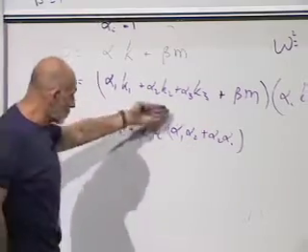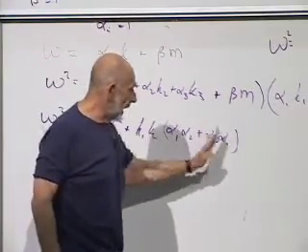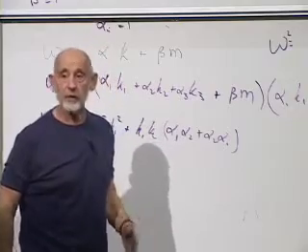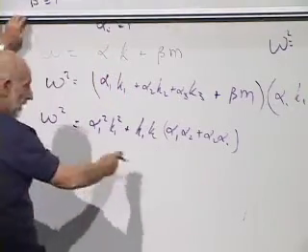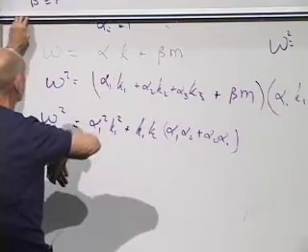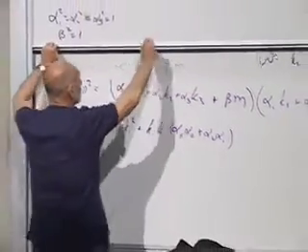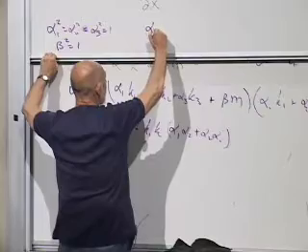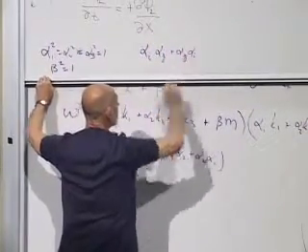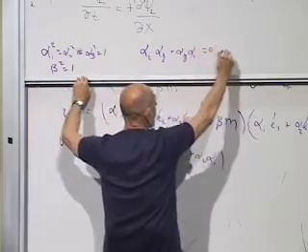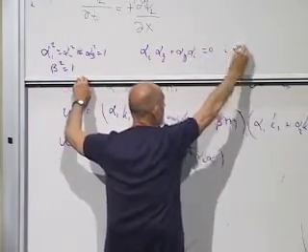And more generally, the anti-commutator of two alphas had better be 0 if they don't have the same index. So we have alpha i, alpha j plus alpha j, alpha i equals 0, i not equal to j.